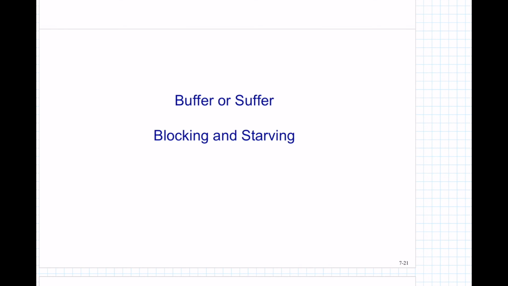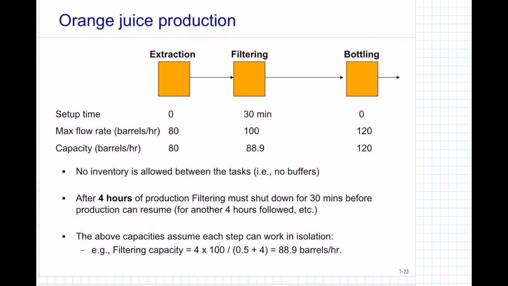So let's consider three processes involving production of orange juice. If we consider a situation when no inventory is allowed between these processes, or there are no buffers, then it has substantial implications for the overall flow rate.